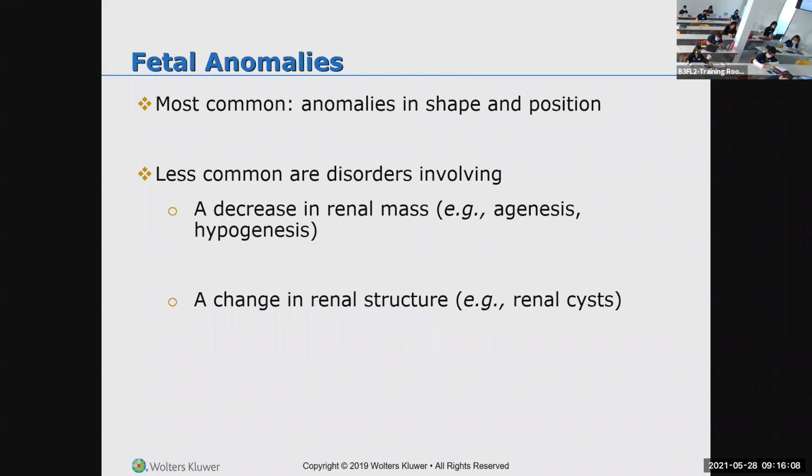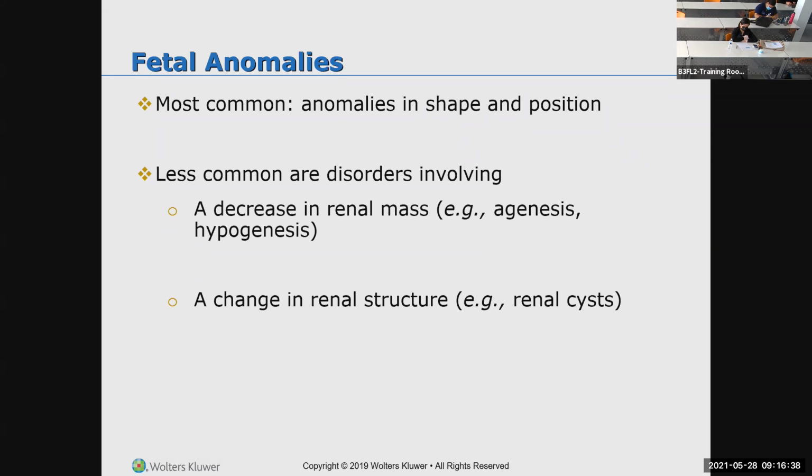Now, developmental defect, we are talking about the fetal anomalies. Most common are anomalies in shape and position. In terms of shape, we have two kidneys, right and left kidney, each in their own location. Sometimes the lower pole of the kidney, because of the fetal anomalies, are joined.